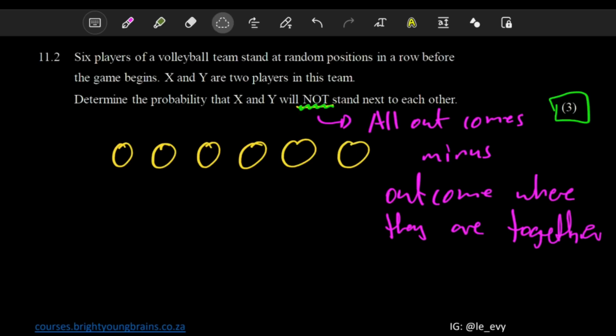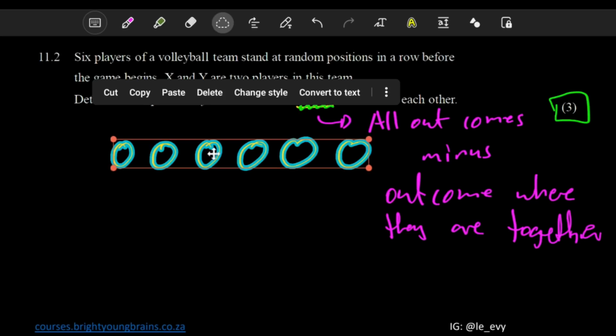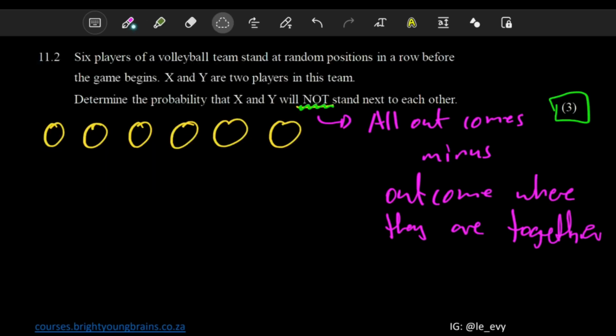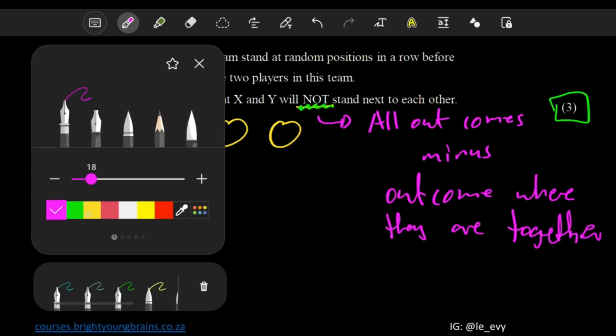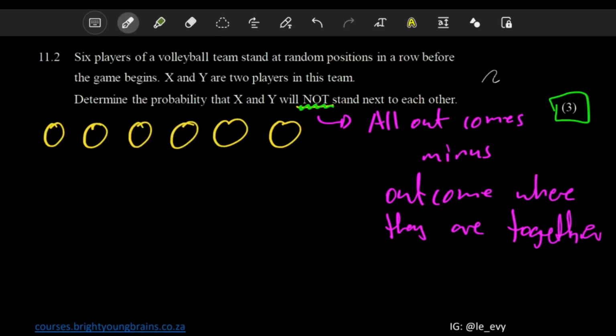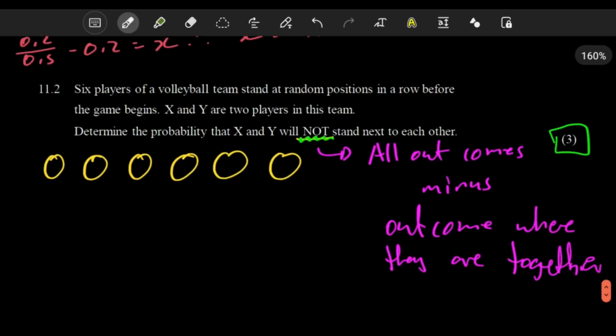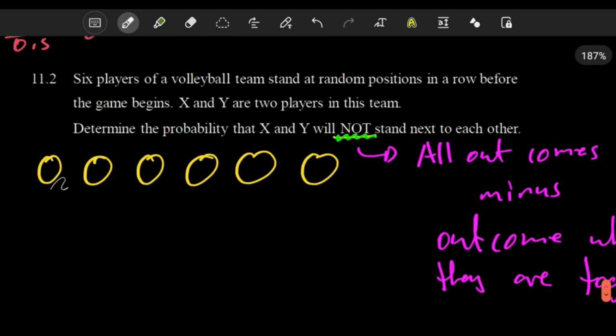Working out the scenarios where they're together is something that we know to do, and something we can easily do. For all the outcomes without any restrictions, we're dealing with 6 people. There are 6 options for the first slot; the moment you put one in there, there are 5 options for the next one. Then 4 options here, then 3, then 2, and then 1.